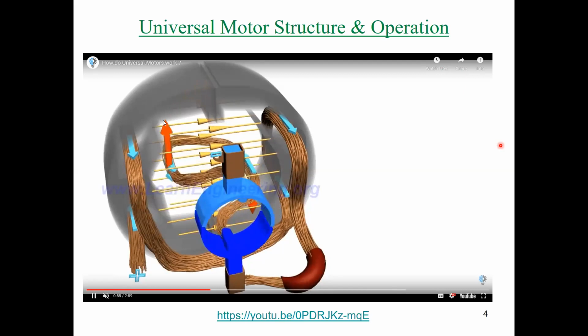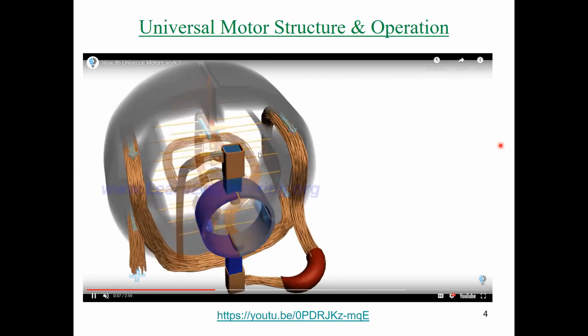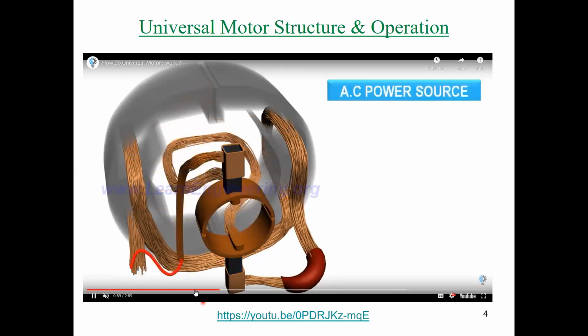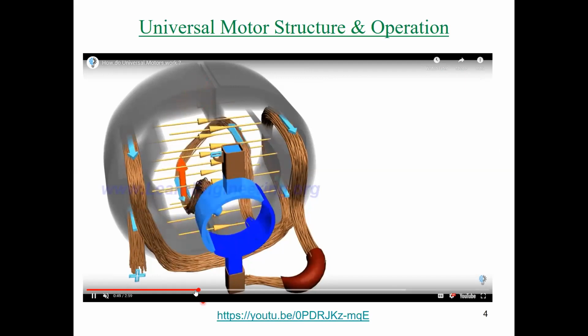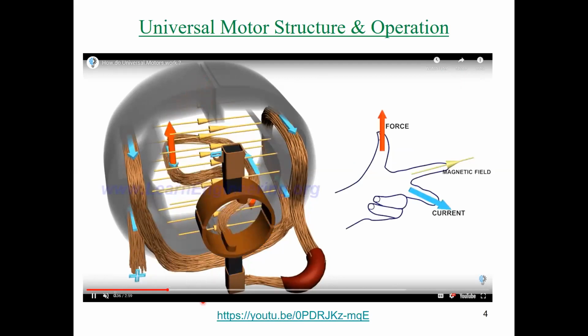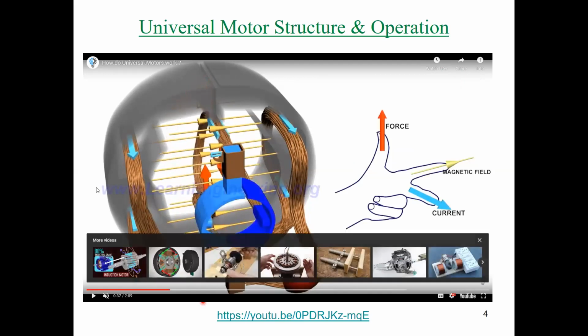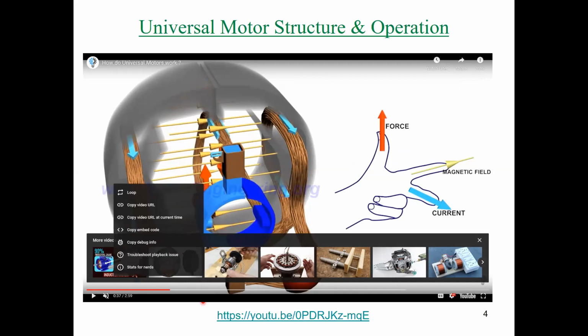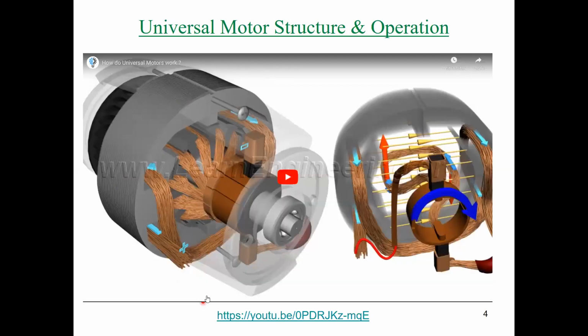The force goes up here, and on the other side the force goes to the lower side. This is simply according to the left-hand rule. This is the current direction here, and in the lower coil we have the other direction, sorry.